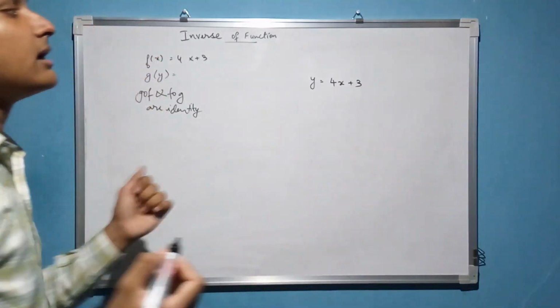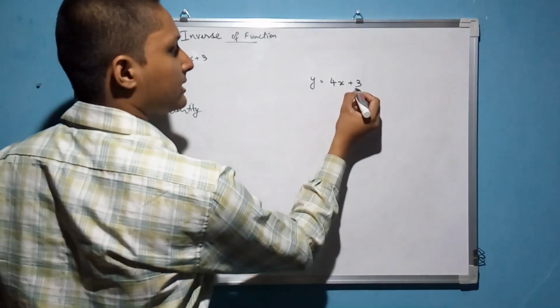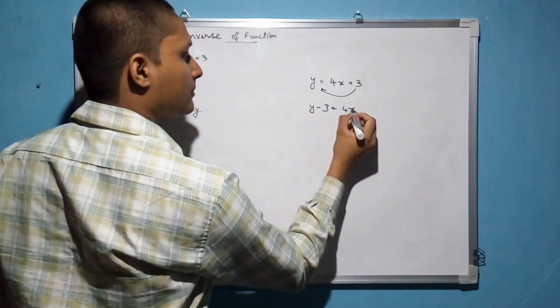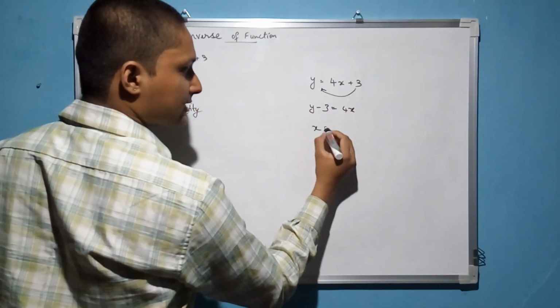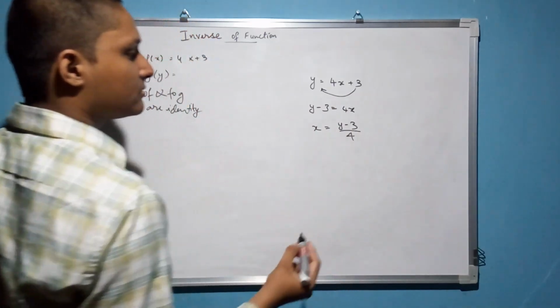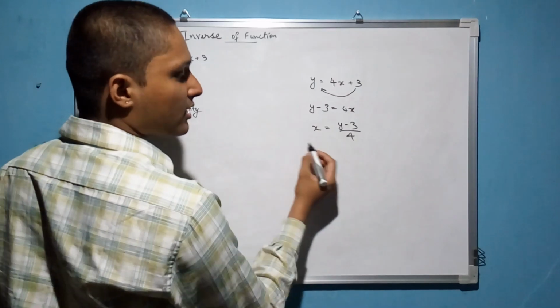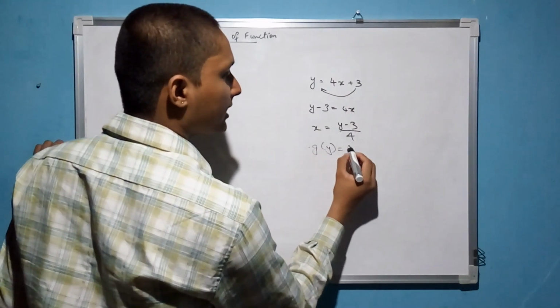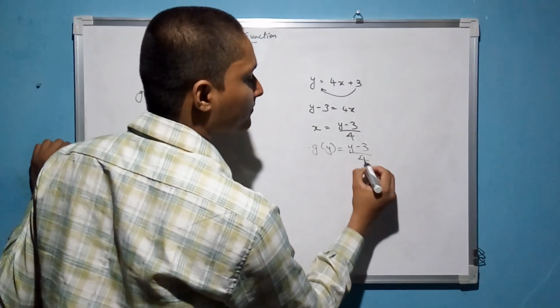Now I need to get x in terms of y. So bring 3 to this side, it becomes y minus 3 is equal to 4x. Bring this 4 to the denominator, x becomes (y minus 3) divided by 4. Let me name this as function g(y). Therefore g(y) is equal to (y minus 3)/4.